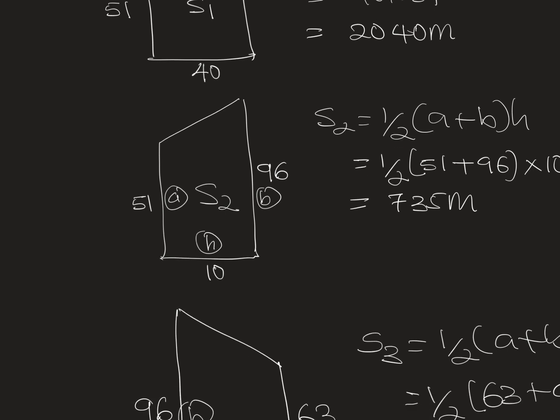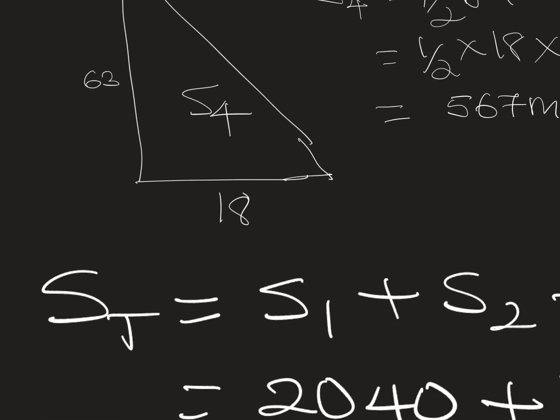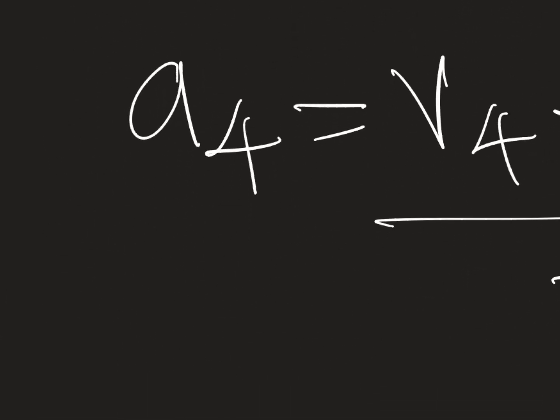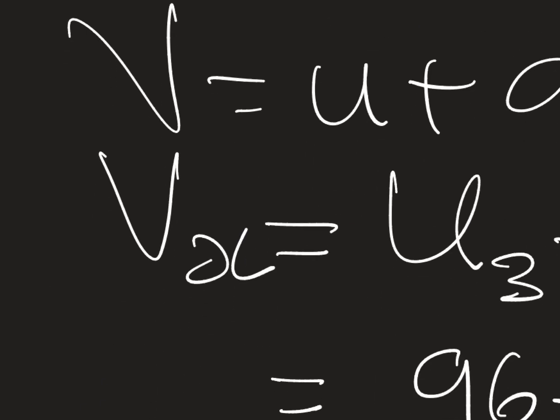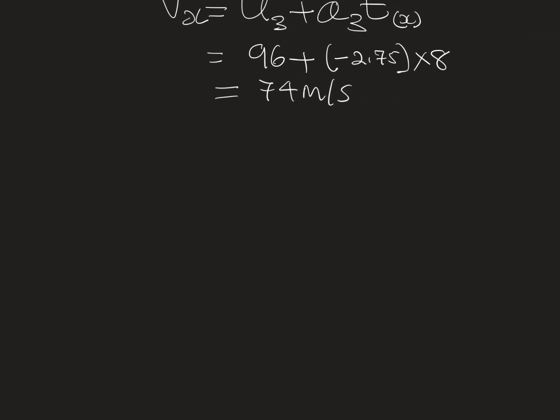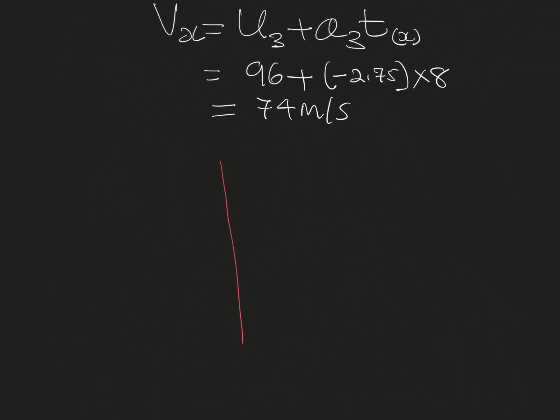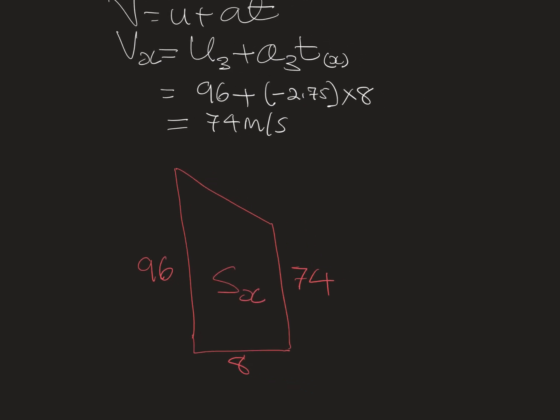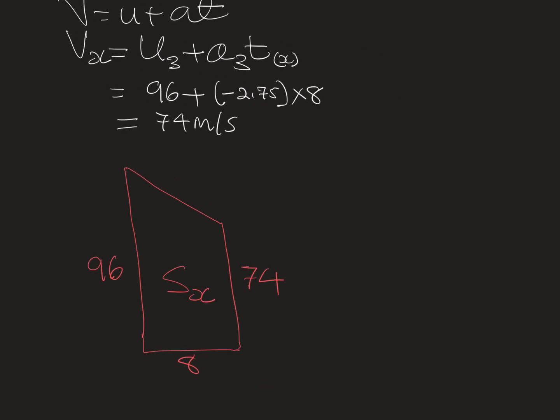So let's go on to draw that. This is how it looks like. We'll have 96 here, we have 74, we'll have 8, and that is Sx.